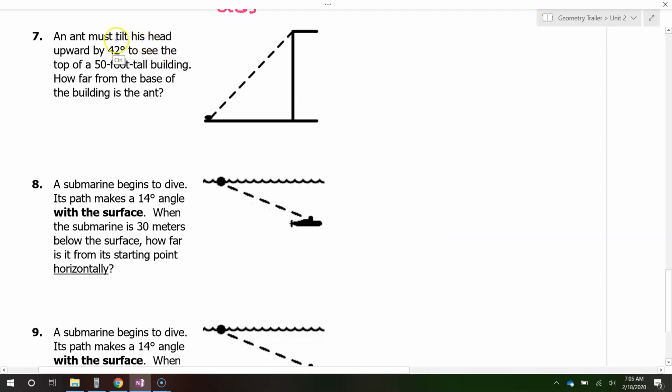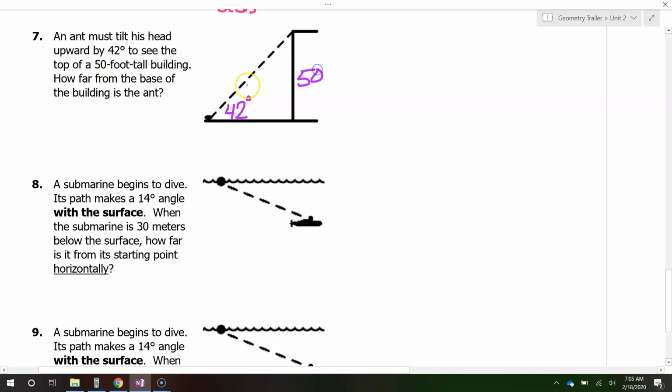An ant must tilt his head upward by 42 degrees to see the top of a 50-foot tall building. So here's the ant, and he's looking upward at an angle of 42 degrees. So the angle of elevation, sometimes they call it. 50-foot tall building.